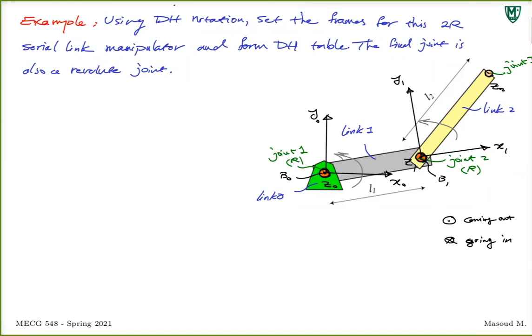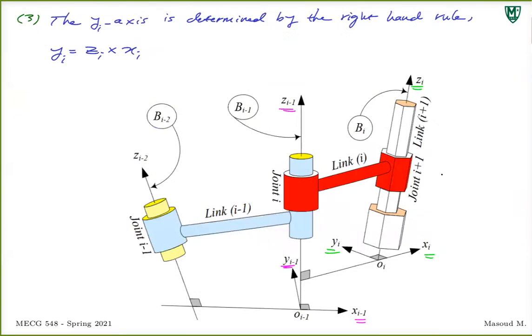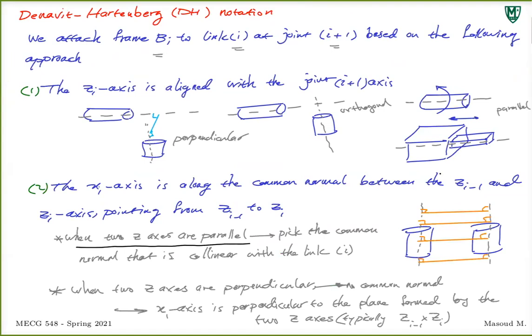I have to figure out what the X axis is. I know Z2, I have to find out what X2 is. Again, we go back to the definitions, as we did between Z2 and Z1. X, we decide about Z, knowing what kind of joint it is.